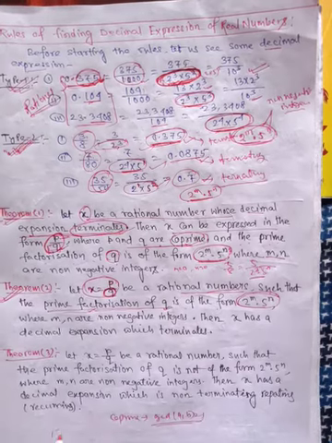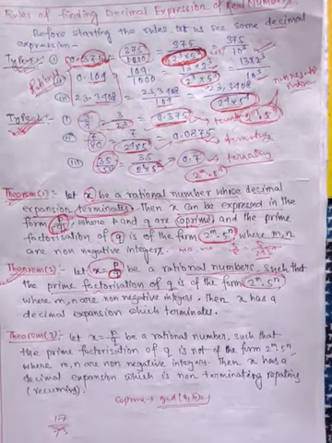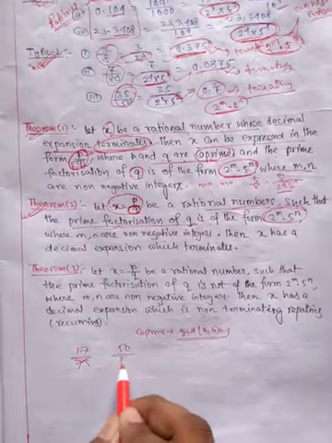Suppose any number, 17 by 75 or 50 by 36.